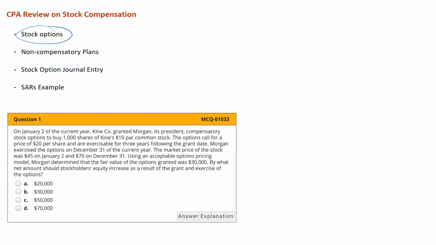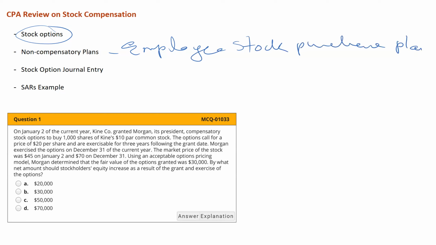Then they discussed non-compensatory stock options, and this is the same thing the textbook called an employee stock purchase plan, so don't be confused. The CPA review course also explained the GAAP requirements.